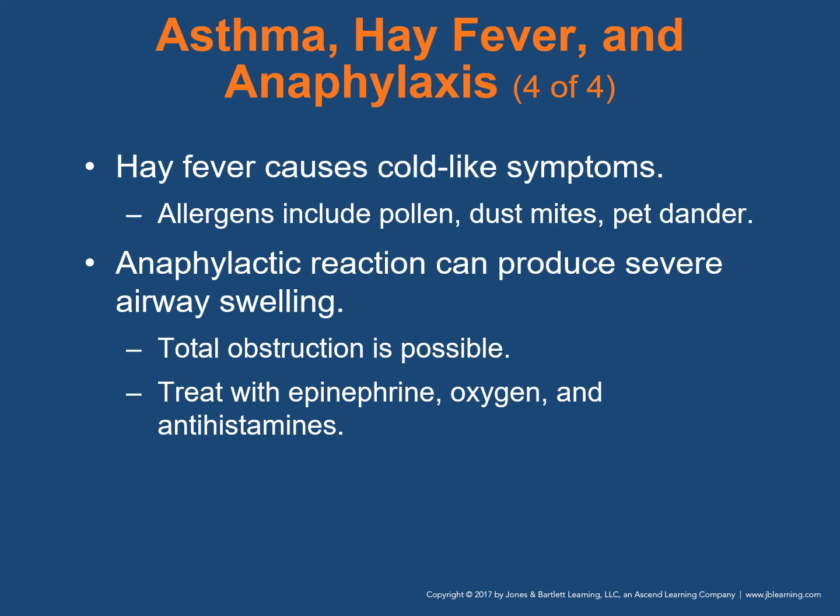So what we do is treat it as a true emergency, and we give injections of epinephrine 1 to 1,000, sorry, 1 to 1,000. So the epi for IM injection for anaphylaxis is epi or epinephrine, and it's a 1 to 1,000 concentration.